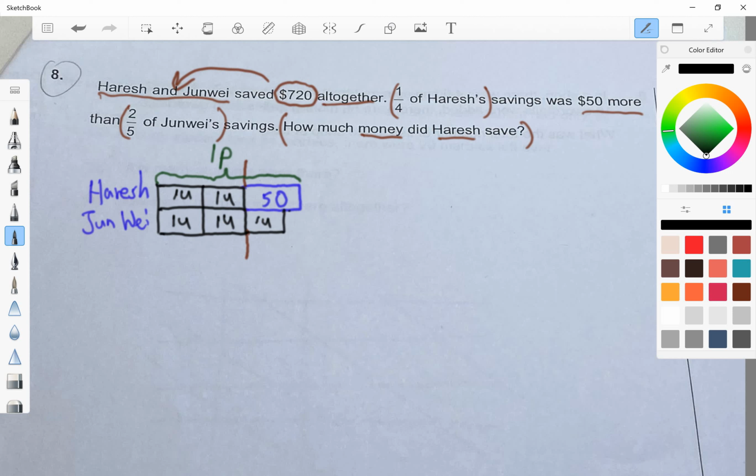So I'm just proceeding to draw the model. And I'm done. So Junwei, we have to double check that there's a total of 5 units. And for Haresh, I will need to draw another 3 parts. Okay, another 3 parts. So I'll put that down.